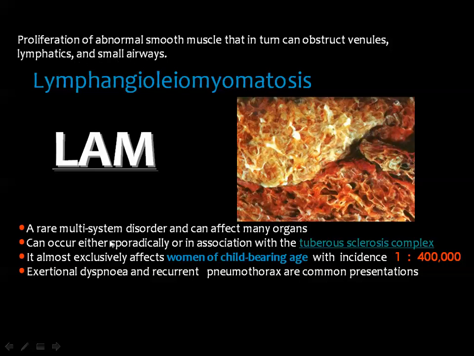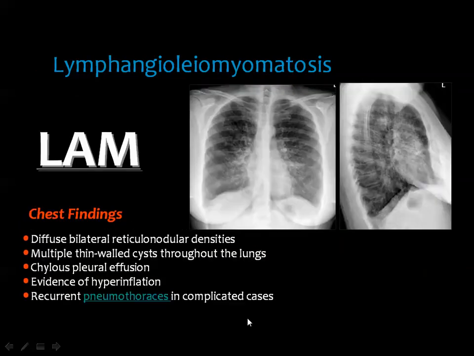This is a rare multi-system disease, affects many organs in the body, and sometimes it occurs in association with tuberous sclerosis. The disease commonly affects young women of the childbearing age. The patient may present with dyspnea or recurrent pneumothorax. These are the two common presentations.